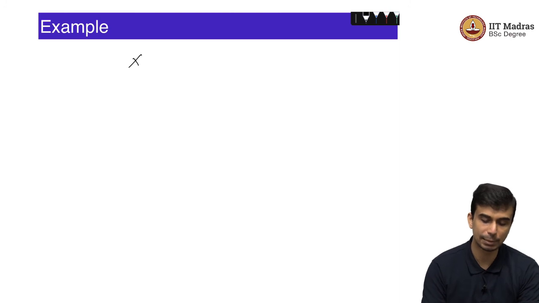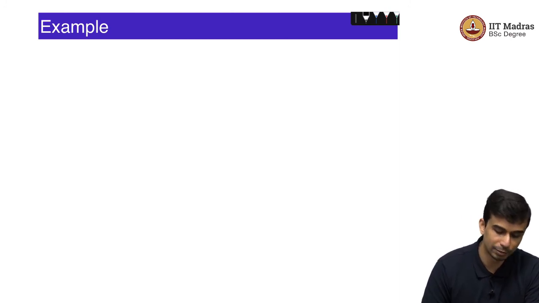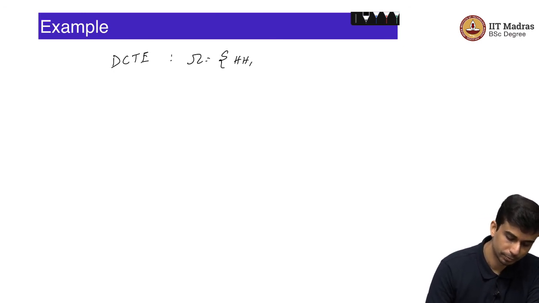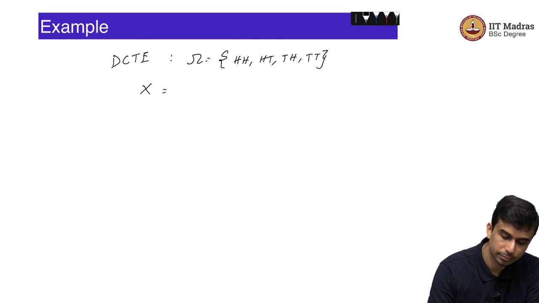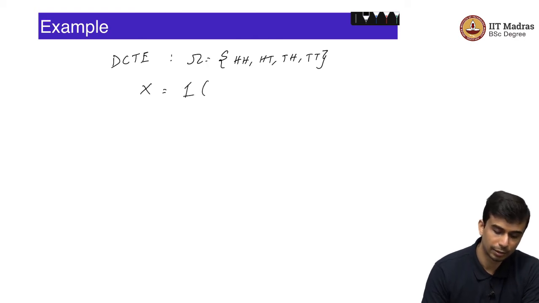Before we see an example of that, let us see a simple example of something which we know to be independent. Let us take the double coin toss experiment, where your sample space omega is simply HH, HT, TH and TT. Let us take two random variables which are independent.